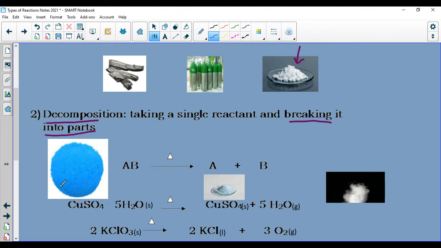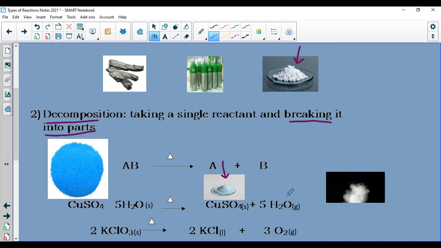Notice the kind of more shiny blue crystals that we see here. When this material is heated, the water breaks apart and breaks off of the ionic compound. And what we see here is a color change to more of a powdery substance that's a lighter whitish green blue, as opposed to this more bright blue that we see here.